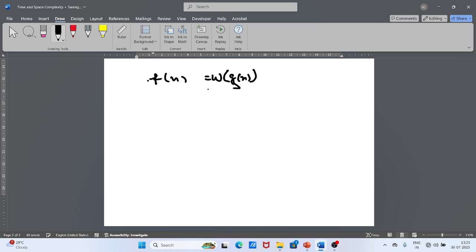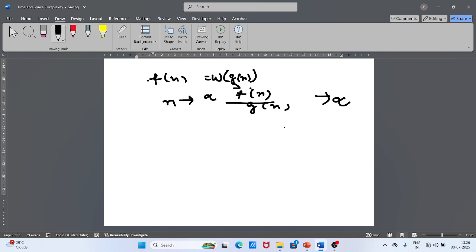The easy meaning is that f(n) is much bigger than g(n) when n becomes very large. This means as n goes to infinity, f(n) divided by g(n) goes to infinity.